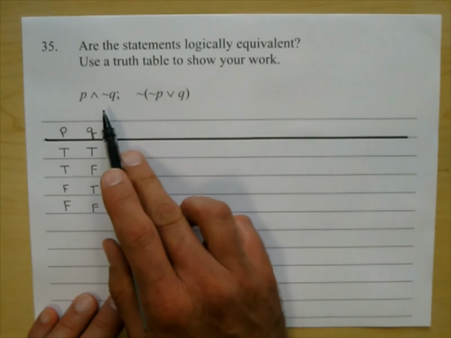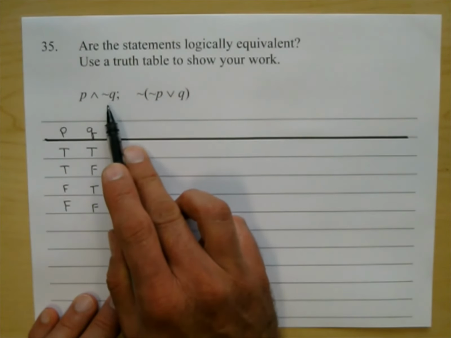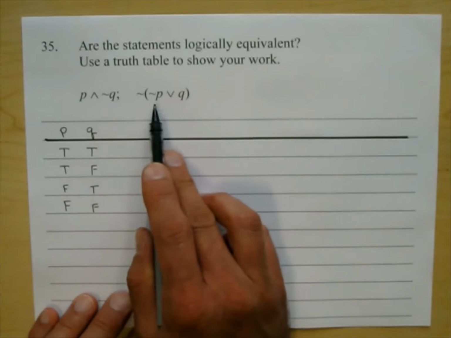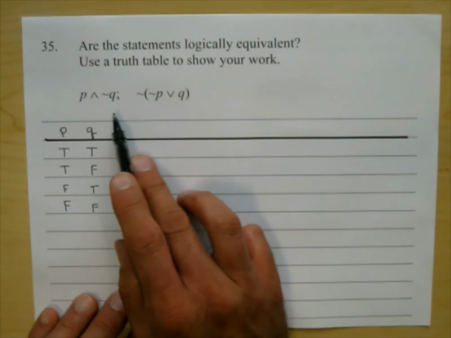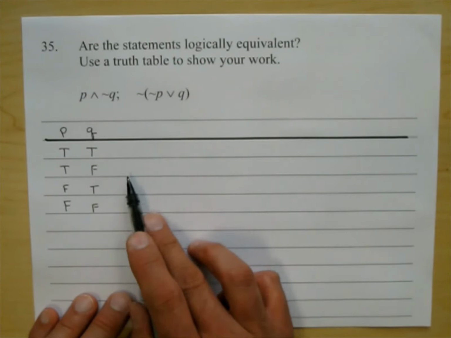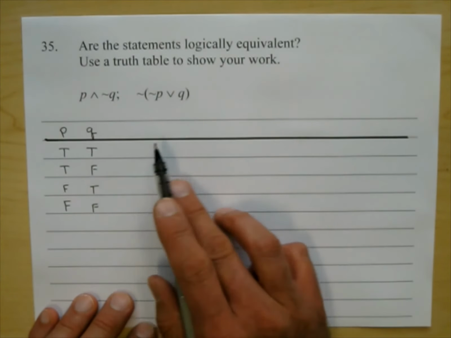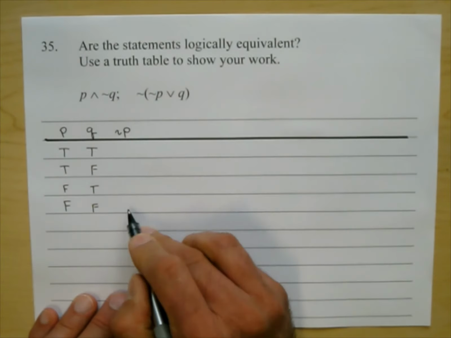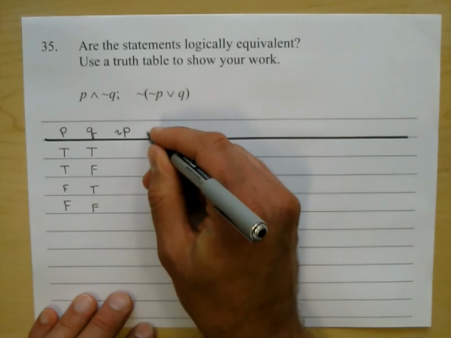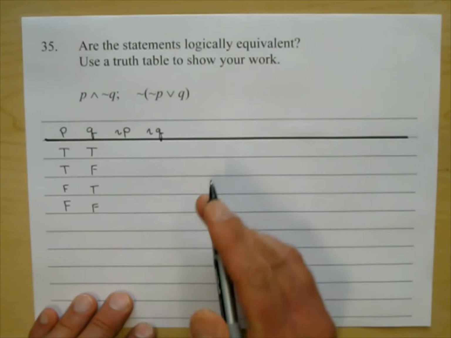Okay, I'm going to build up this first statement. I'm looking at both of these and I see this statement has a not P and this one has a not Q. So this is where you do have some wiggle room on the intermediate columns. You can put them in different order. So I'm actually going to put a not P for a column because I see it right there and a not Q right there.